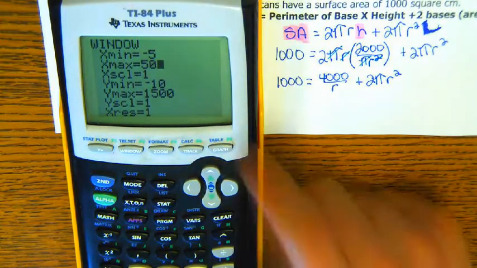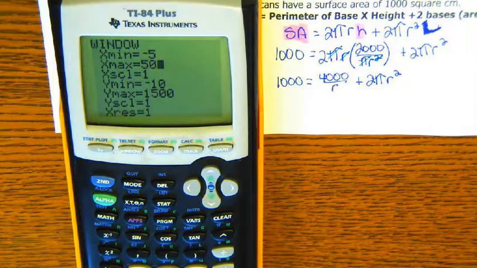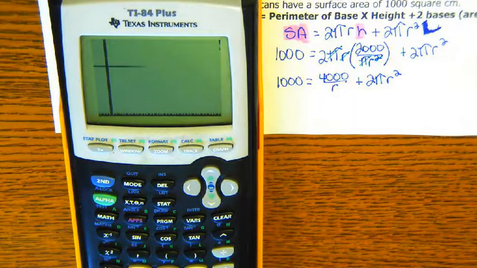But I'll make it a little bit smaller. Let's just try 50. There's my line. Aha! There are two answers. One's going to be a skinny, taller can, and the other is going to be a shorter but wider can.